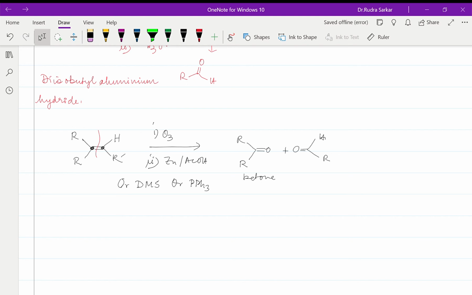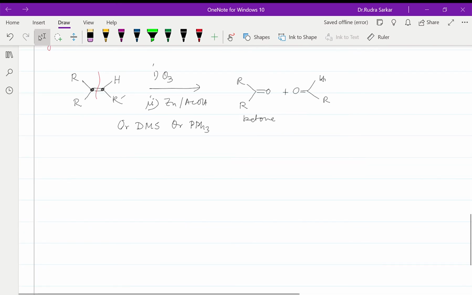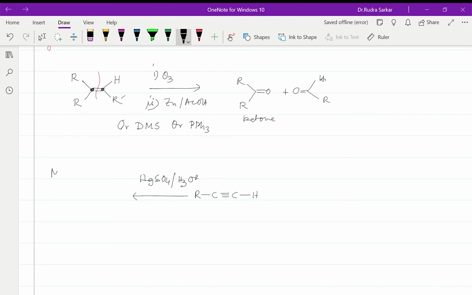In the next part we will consider the hydration of an alkyne. Suppose we have been given an unsymmetrical alkyne like this. Now if we are considering the usage of HgSO4 in presence of acidified water, then the addition is Markovnikov type.